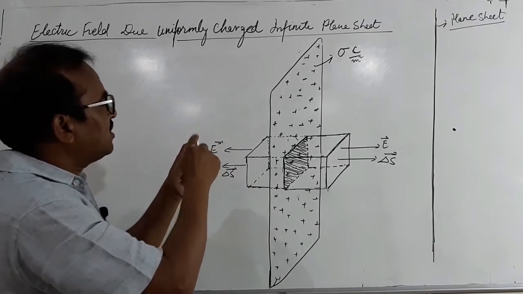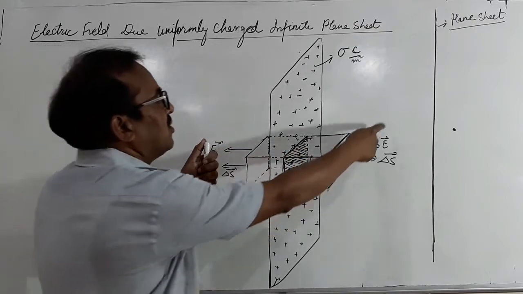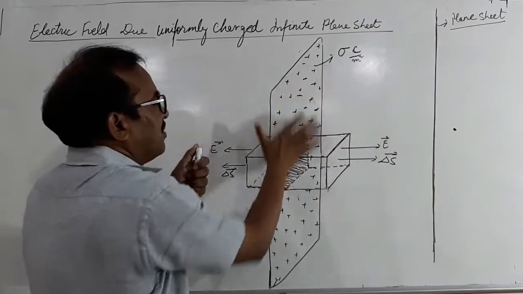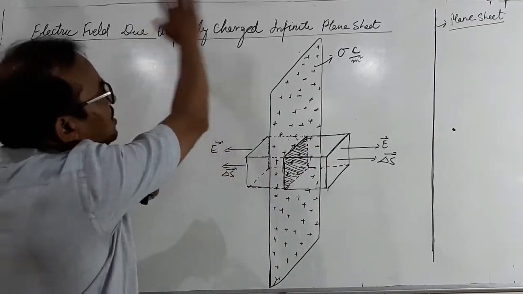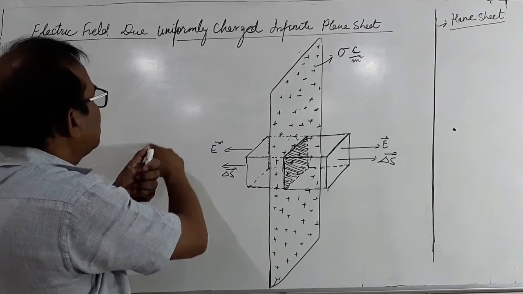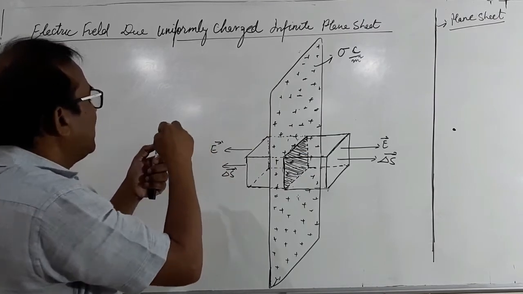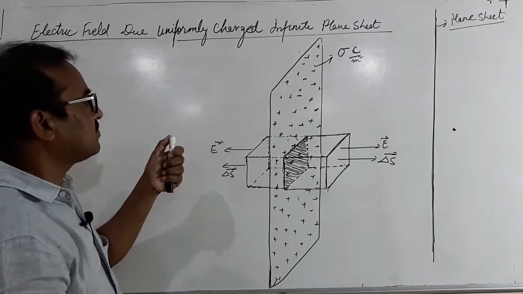This point is fixed here. Forget this figure for this time. This whole board is charged. Charge in this region will have electric field here in the outward direction.